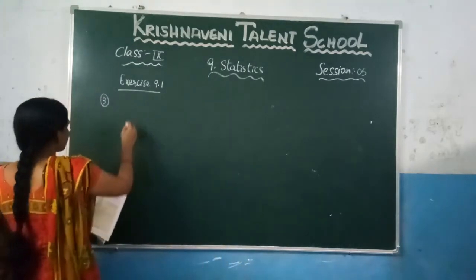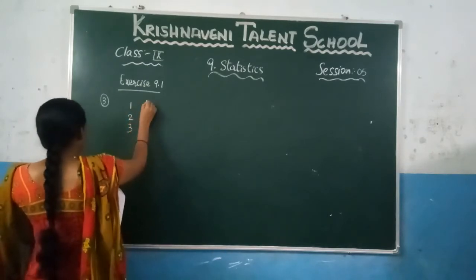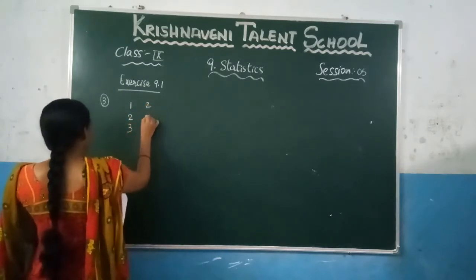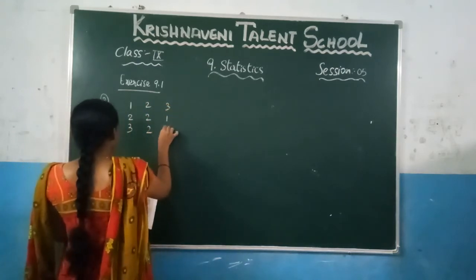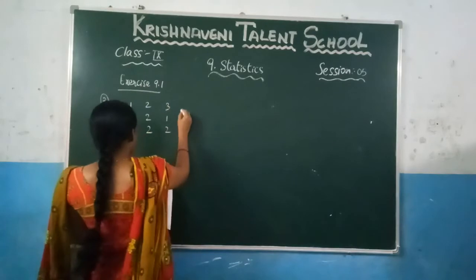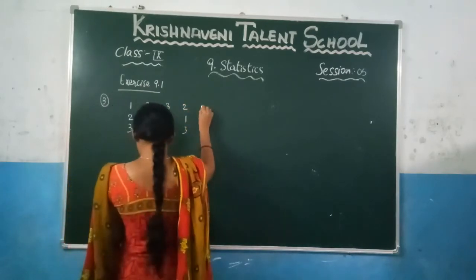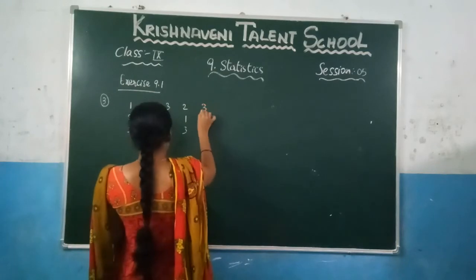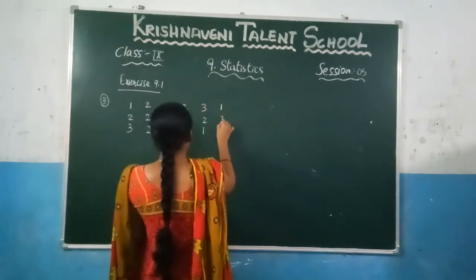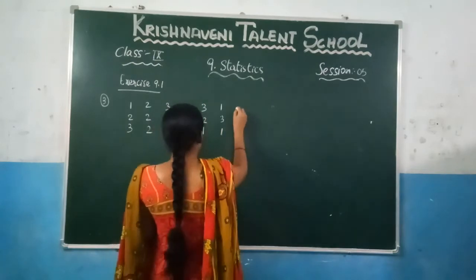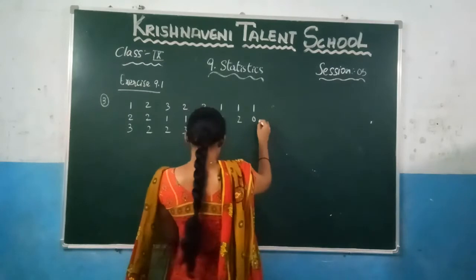What we got here is 1, 2, 3, and the next ones: 2, 2, 2, 3, 1, 2, 2, 1, 3, 3, 2, 1, 1, 3, 1, 1, 2, 1, 0.